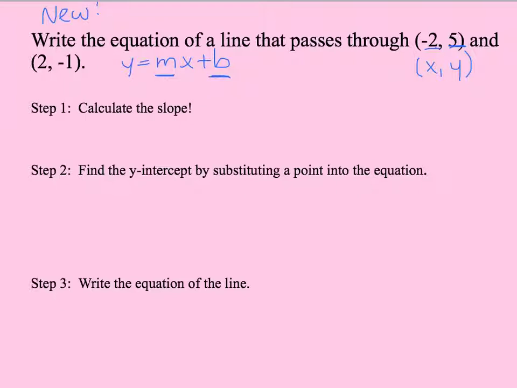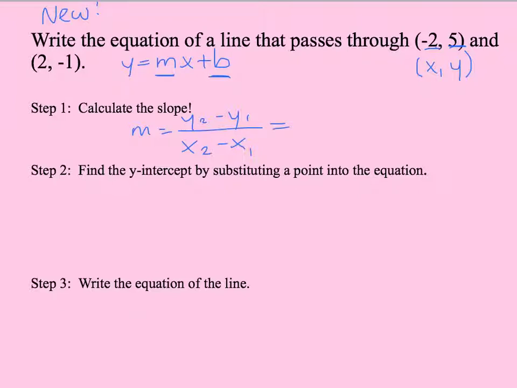First we're going to calculate the slope using our slope equation. Our slope equation is m equals y2 minus y1 over x2 minus x1. Simply, we'd say that m is the change in y divided by the change in x.